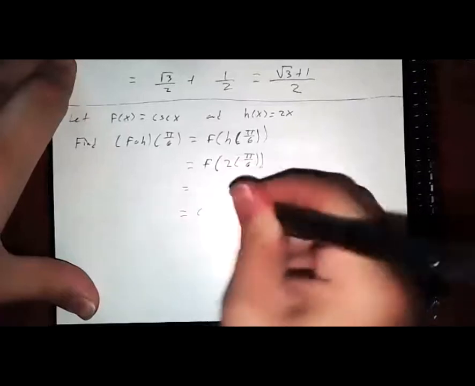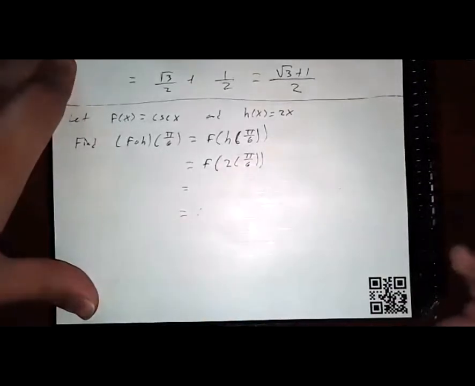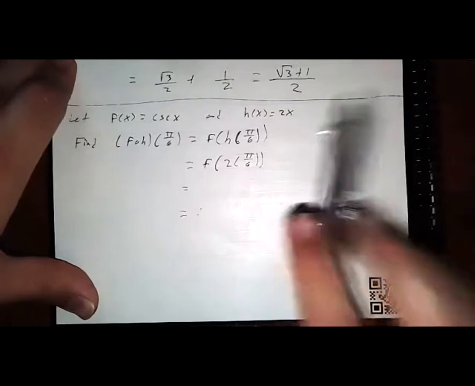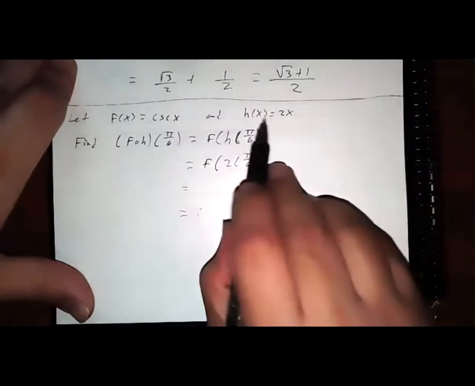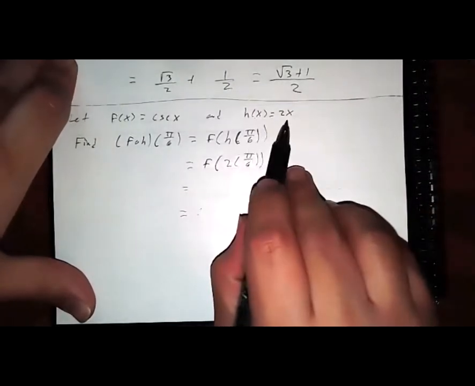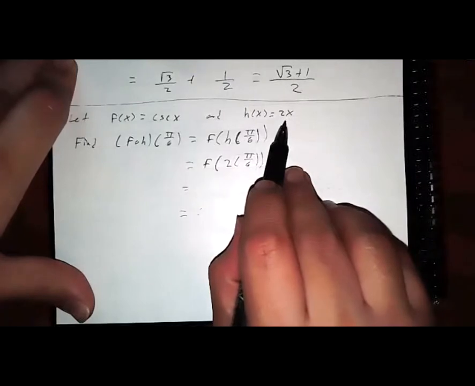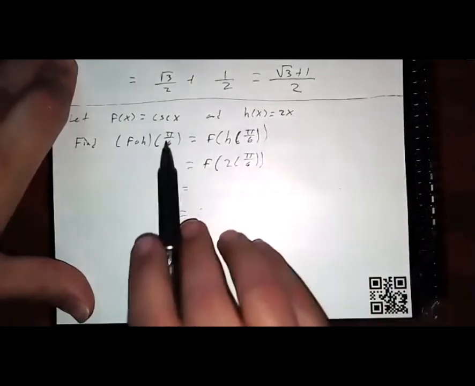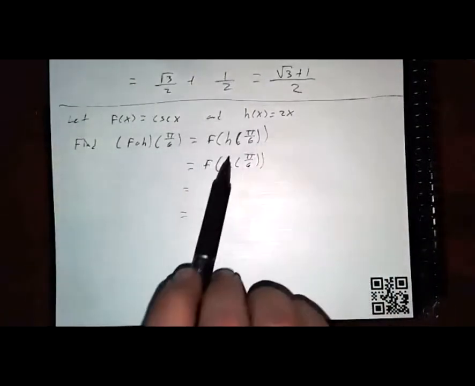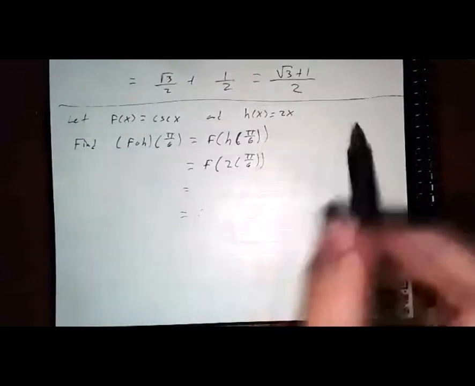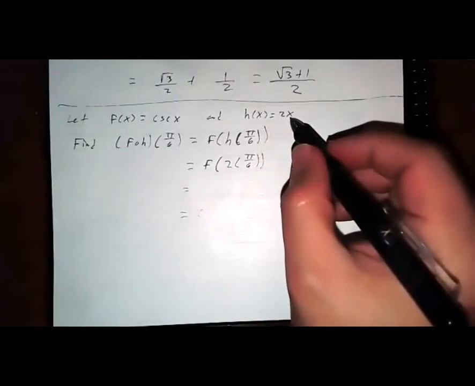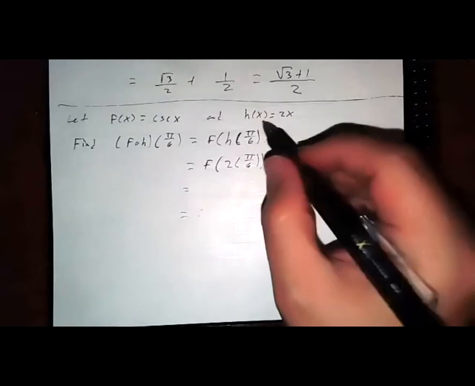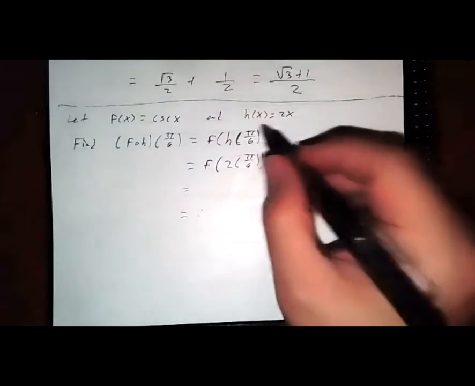As far as the 2 filling in for the h, how does that come about again? So h is equal to 2x, right? So h of pi over 6 means I'm plugging it in here, right? The notation from the functional notation.